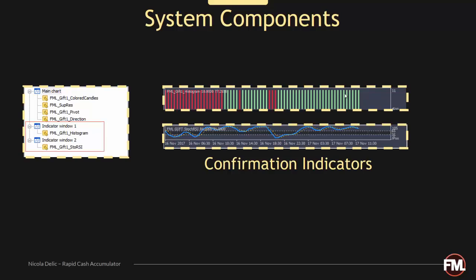Till now you can use stochastic RSI, but the histogram indicator was specially designed for this system to help me confirm that place, but we are going to talk about that in a second. So don't try to use them with other systems, it's just not going to work.